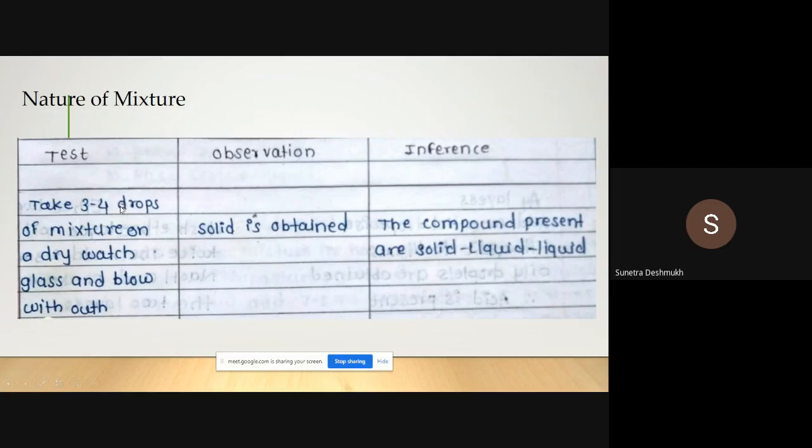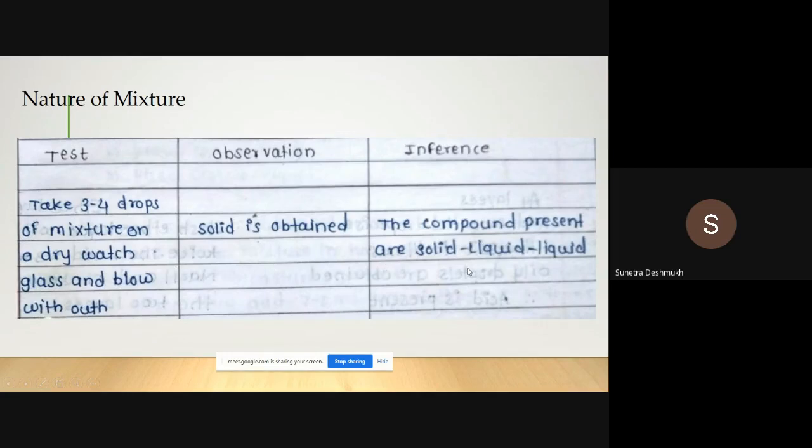For that, what is the test? Take 3 to 4 drops of the mixture on a dry watch glass and blow with the mouth. Whether it is liquid or solid, you will identify very easily. If it is liquid, you will identify that also.